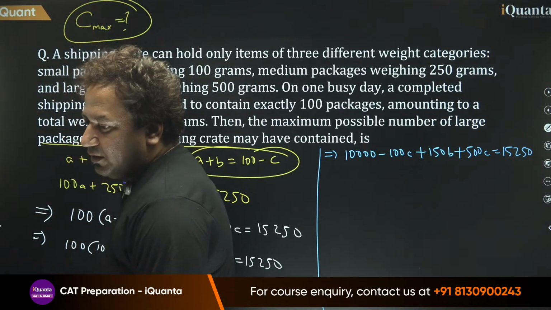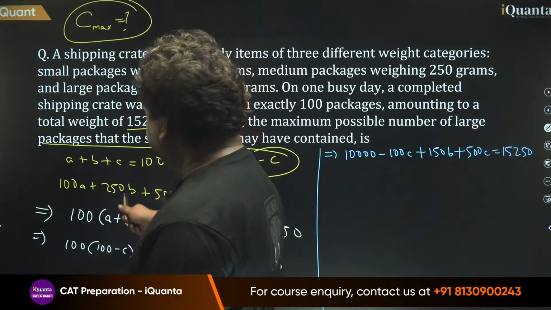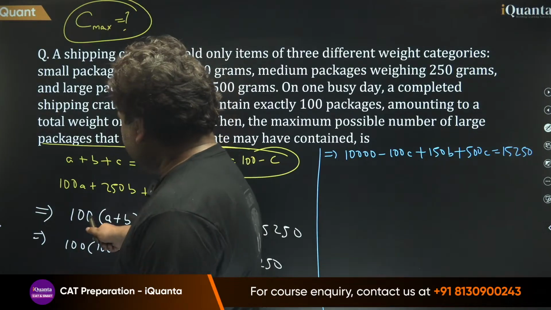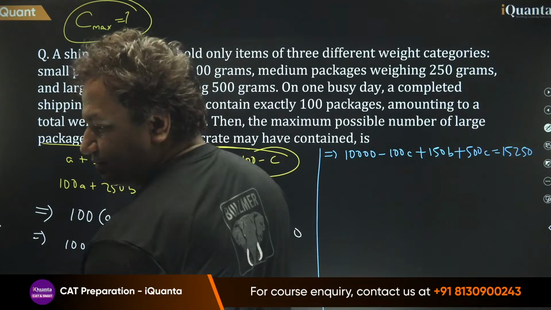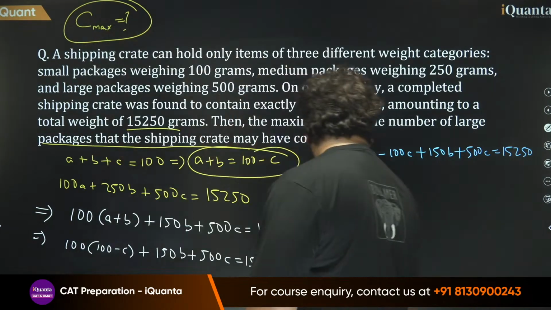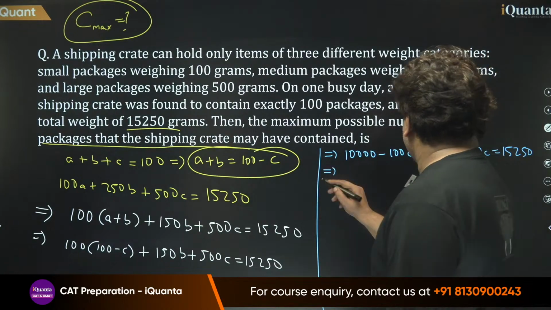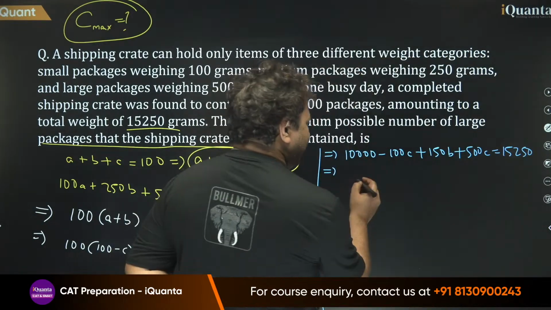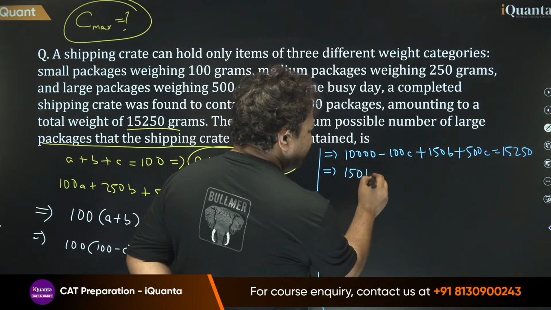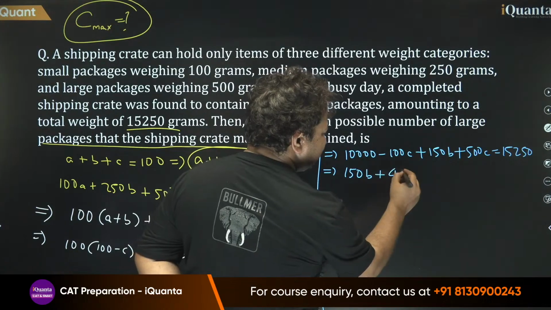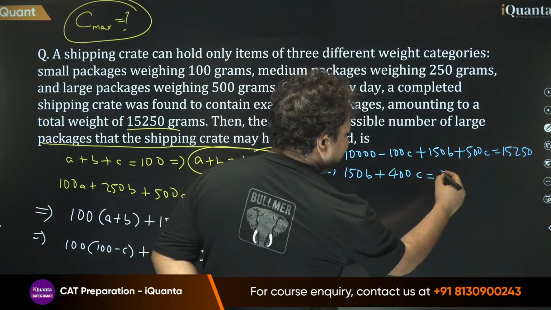Okay Akul, I wrote 250b here, that's fine, right? I took 100 common, didn't I? Okay Aditya understood, fine. Now, having said that, what do we have? We have 150 times b minus 100, so plus 400c is equal to 5250.